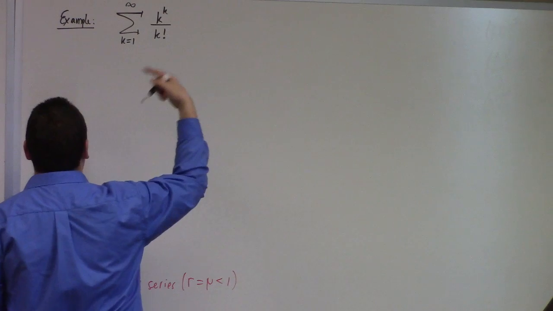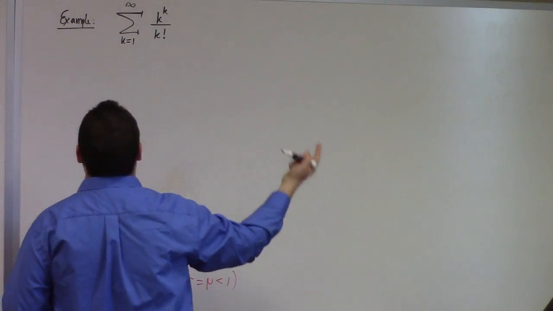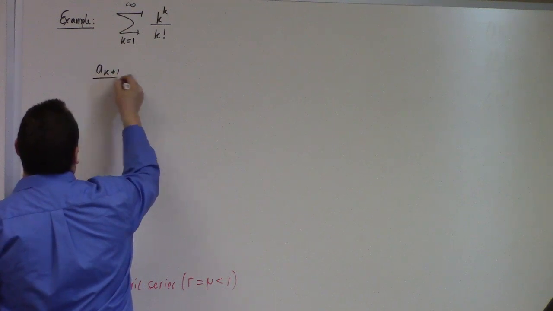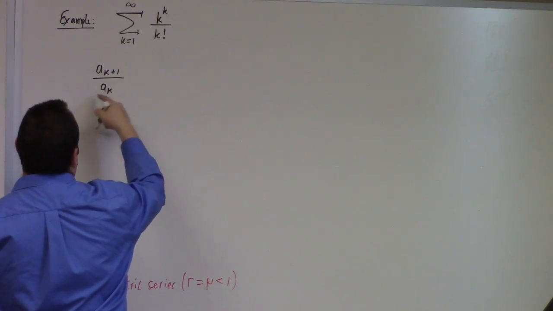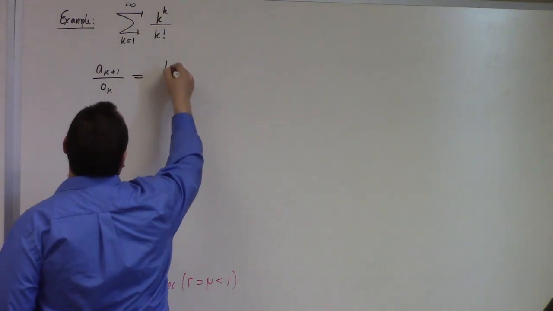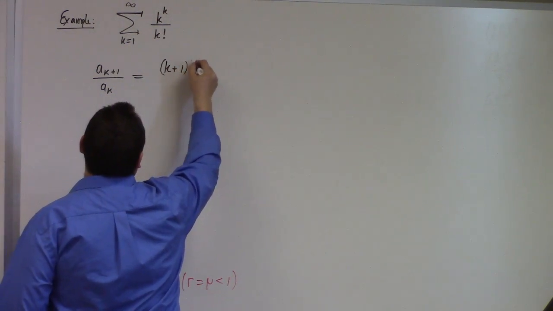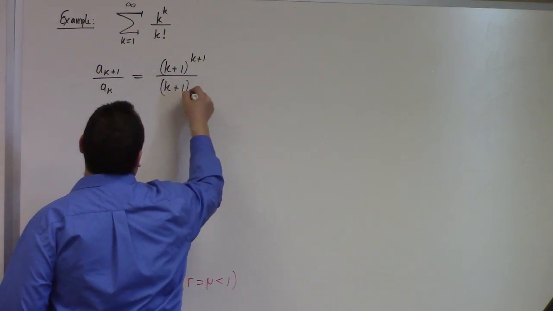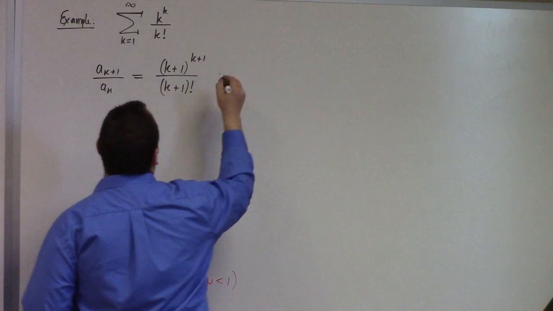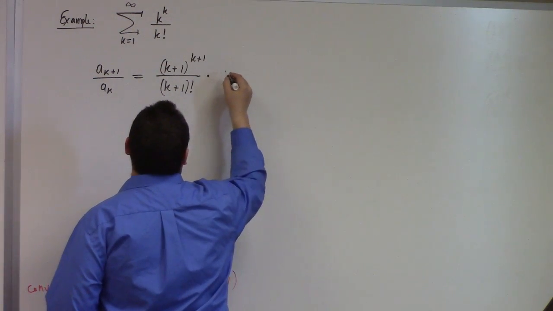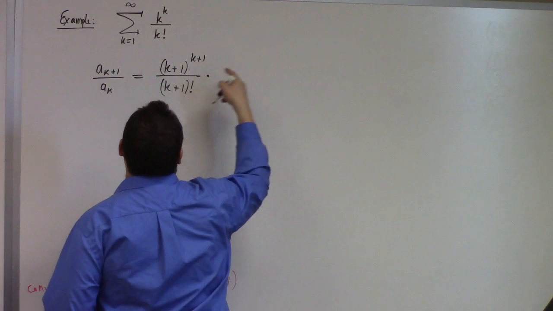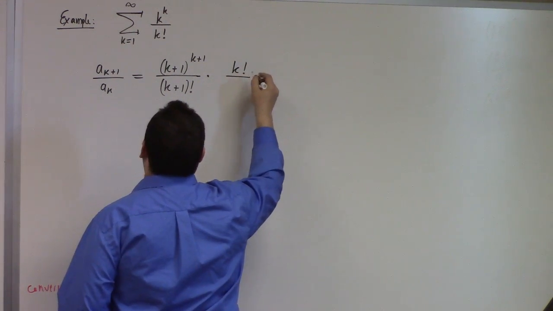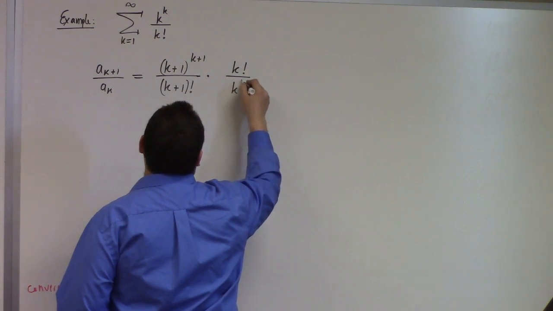Generally speaking, factorial makes me think I should try the ratio test, because the beautiful thing about the ratio test is it does nice things to factorials. When you take the quotient a sub k plus 1 over a sub k, that's k plus 1 to the k plus 1 power divided by k plus 1 factorial, times 1 over a sub k. 1 over a sub k is k factorial over k to the k.